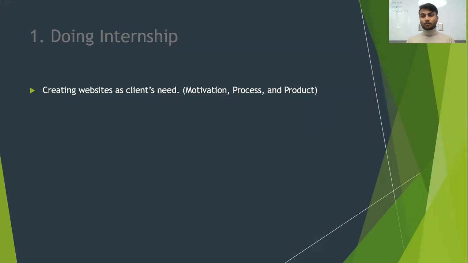So after combining backend, front end, and the database, only then can we create our website. It looks easy when I say it is just a combination of three things, but when you dive deep into it, it's a lot more.